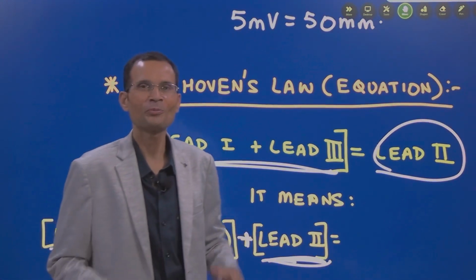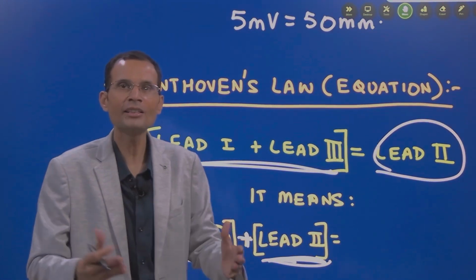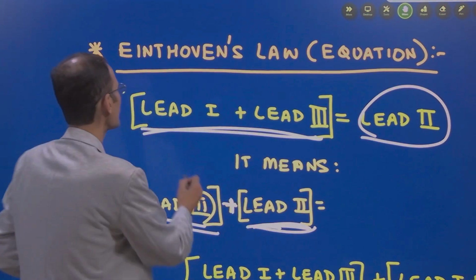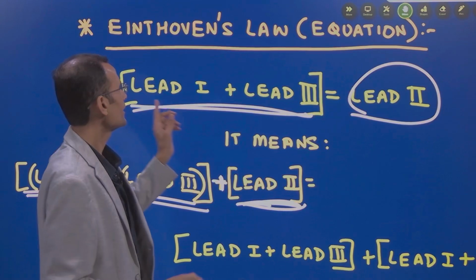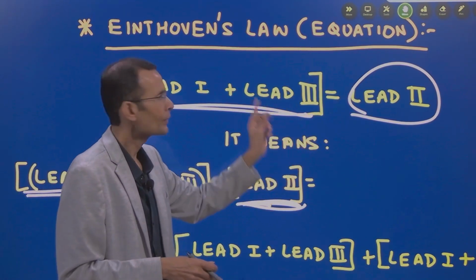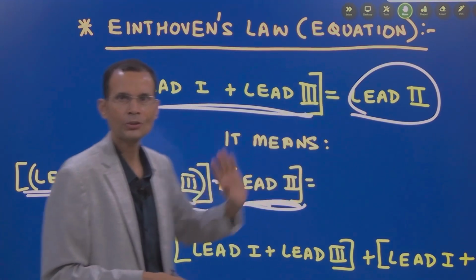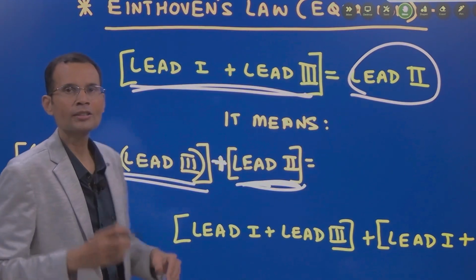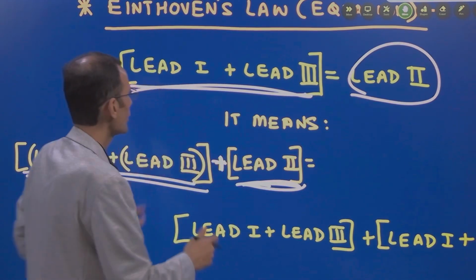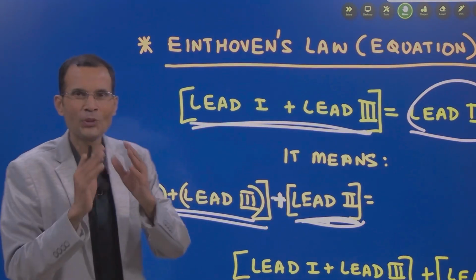Let's see now. Now is the time to focus and understand all this. Einthoven's equation says the sum of potentials in lead 1 and lead 3 is equal to lead 2. Lead 2 records the highest potential because it's the sum of the other two leads. Now concentrate.